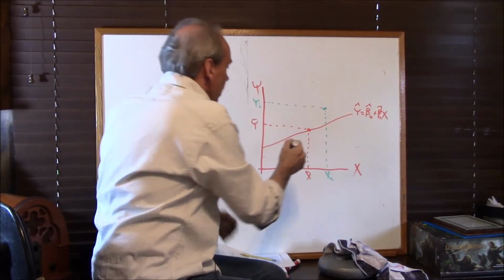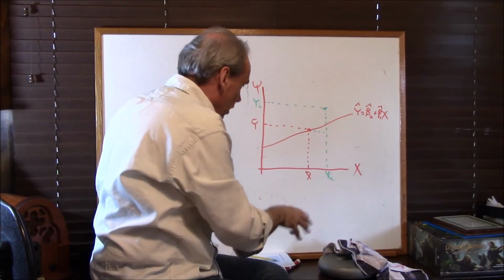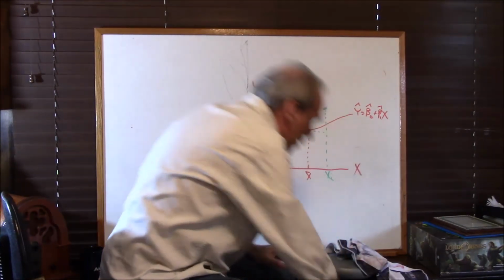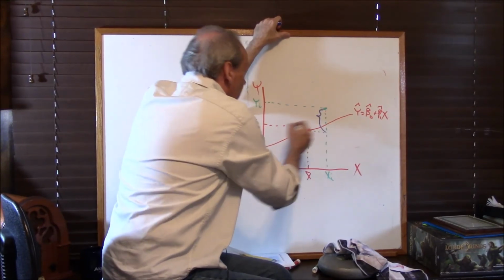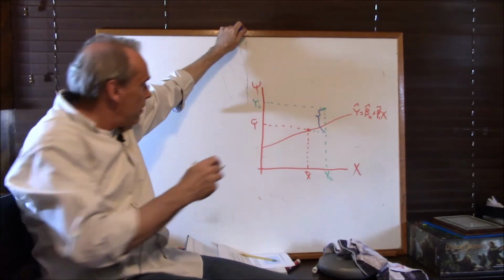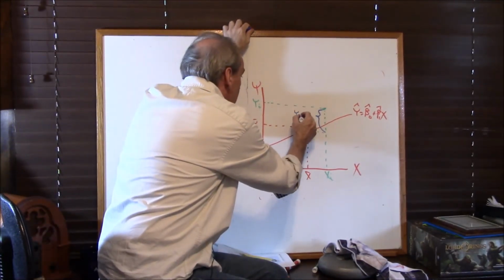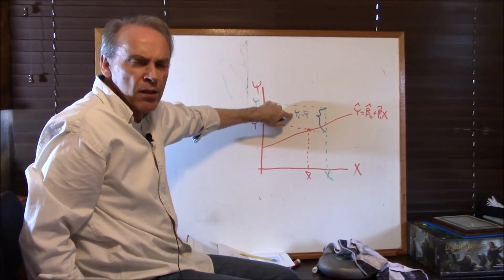All right, so how much there is to be explained is that much. Y is this particular Y sub i. Why is this one higher than the average?